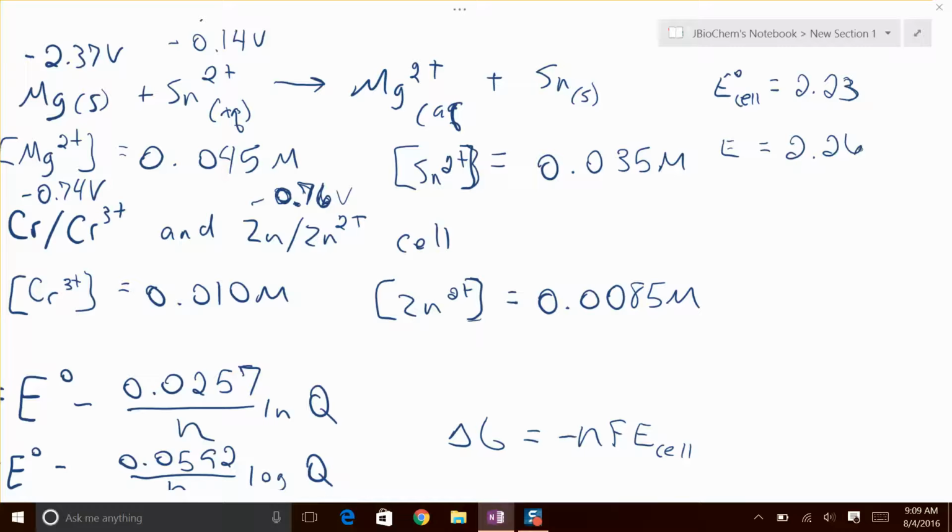That works for both of those. And then delta G, I got negative 434 kilojoules. Since they're balanced, they have to be equal, so a total of 2 from each. That's right, 2 from one side, 2 from the other side.